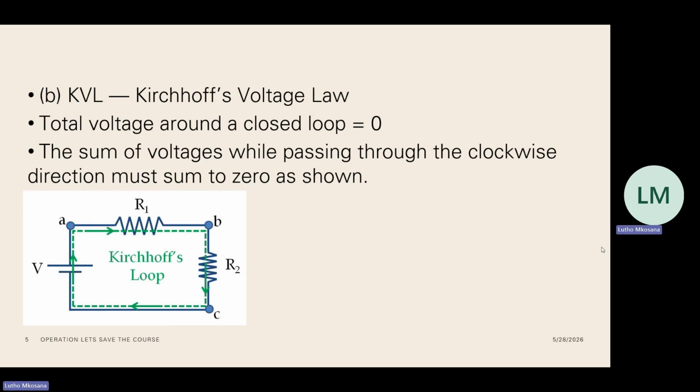I will show you based on this example over here. Within the example we have V, which is a source, and two resistors in series. We have this loop that is our clockwise direction.